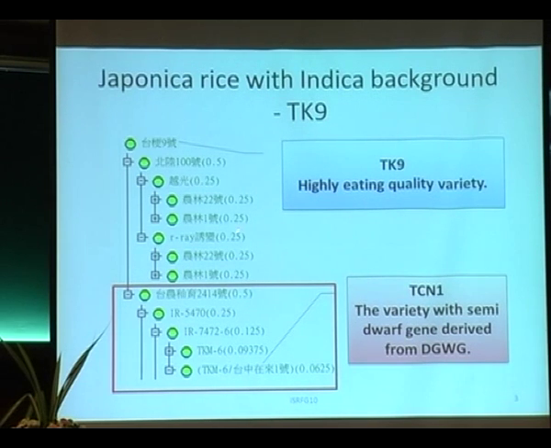So based on this pedigree, maybe you can calculate the coefficient of relationship between indica and japonica, that's 0.5 and 0.5. Actually not, because sometimes they make recurrent selection.